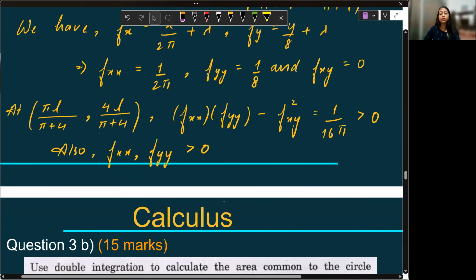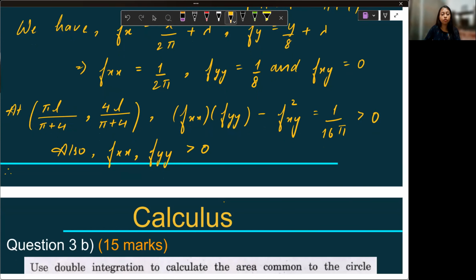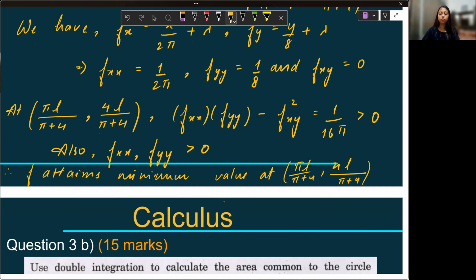Therefore, f attains minimum value at pi L by pi plus 4, comma 4L by pi plus 4.